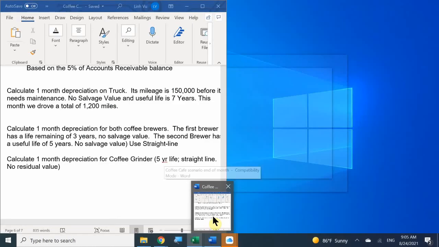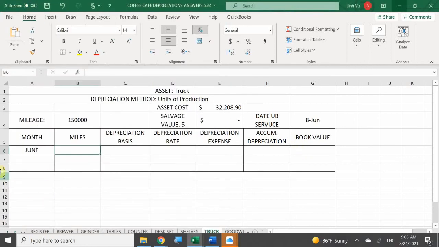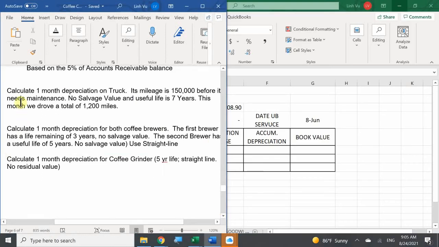What was the amount that we drove for the month of June? 1,200. So we drove 1,200 miles. It says right here in the scenario, in the month of June, this month we drove a total of 1,200 miles.